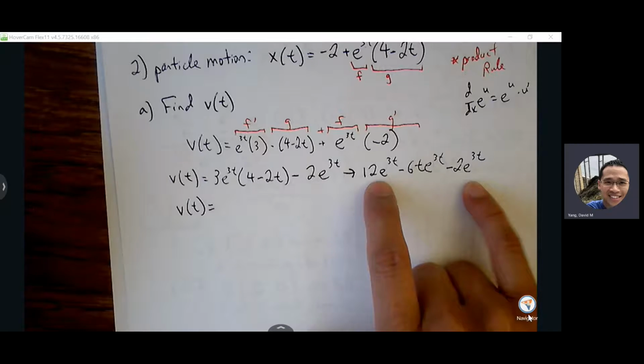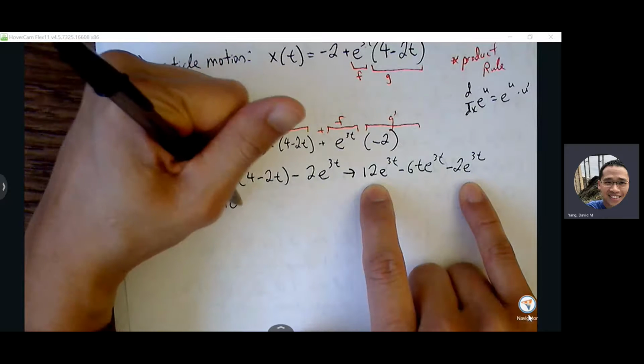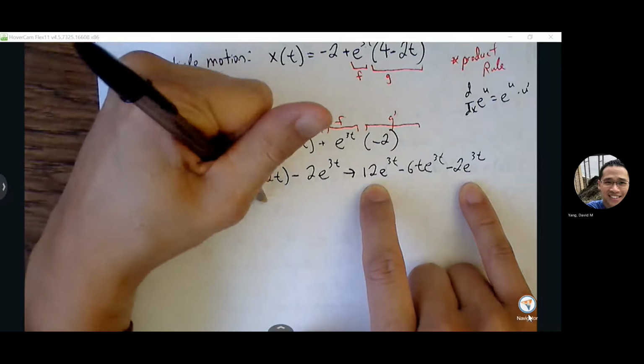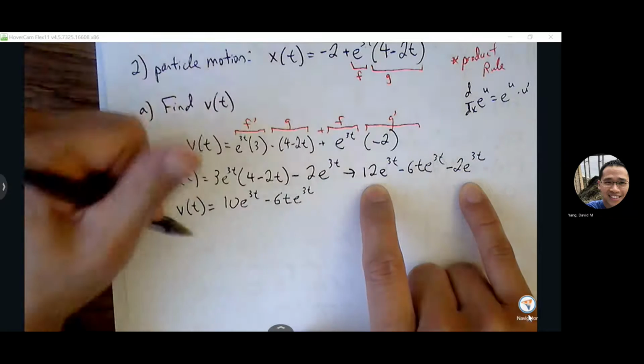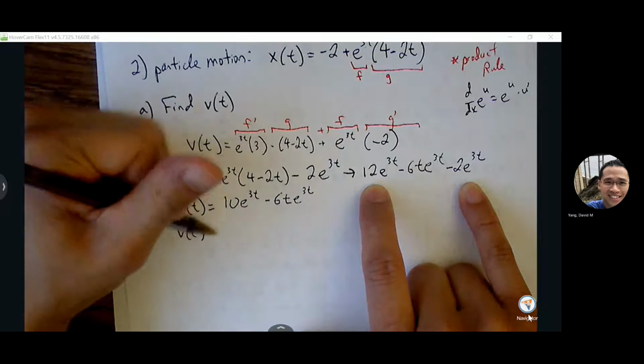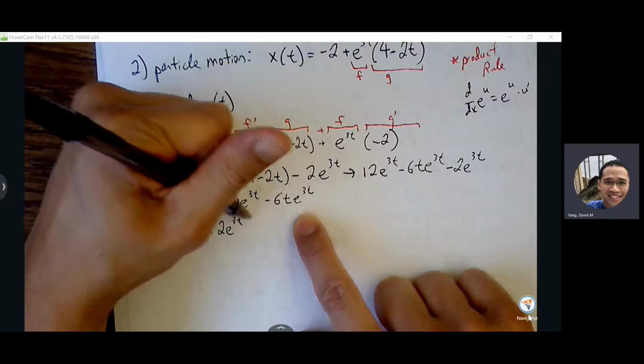Oh, these are like terms, so I can combine some like terms here. 12 minus 2 is 10. Take out a 2, e to the 3t.